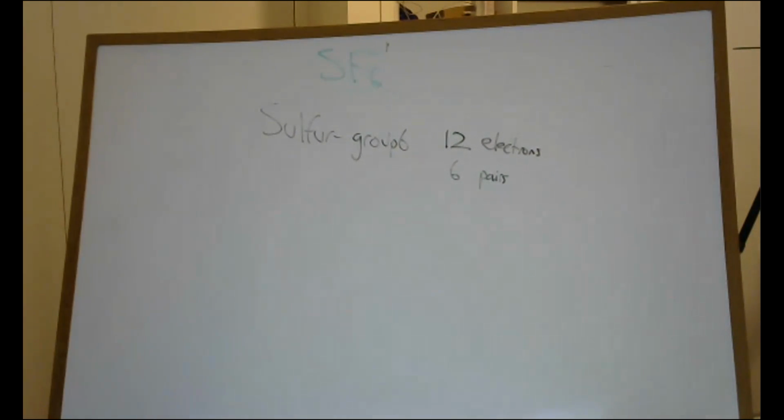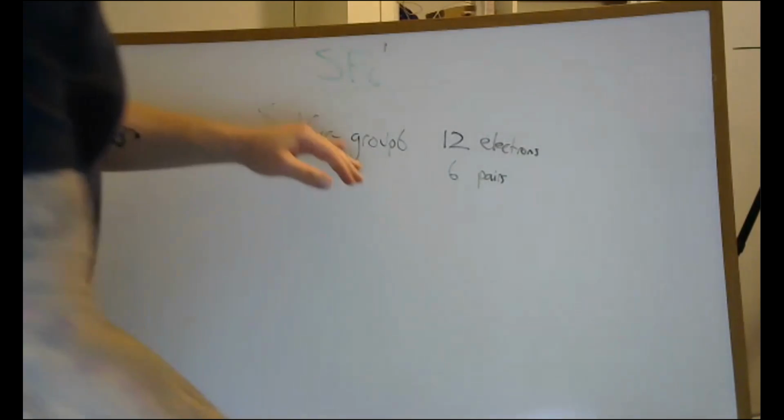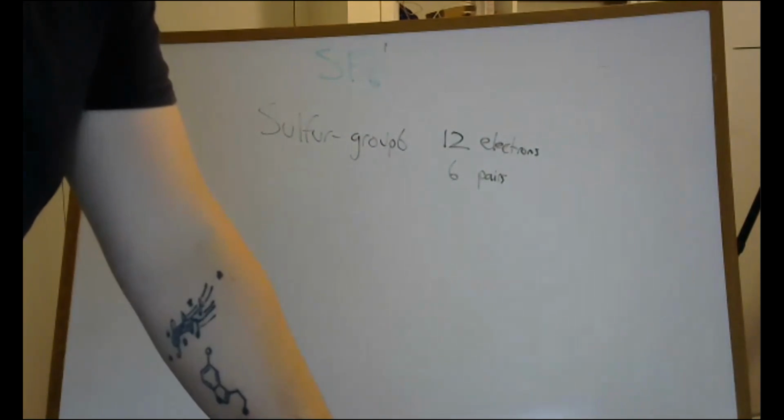So it's really quite a simple thing to calculate, and really you need to know the group of the first atom, and that should tell you everything you need to know.